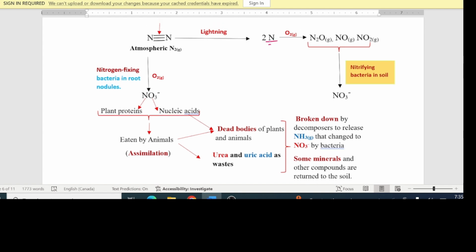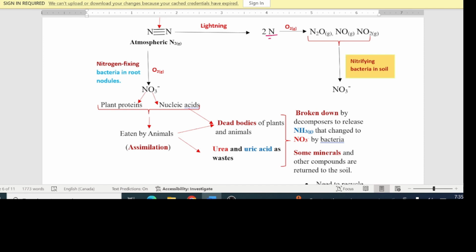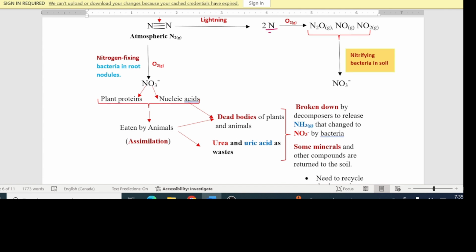A second way is by nitrogen fixing bacteria found in the root nodules of leguminous plants. So here we see now atmospheric nitrogen in the presence of nitrogen fixing bacteria found in the root nodules of these leguminous plants combined with oxygen to form nitrate ions.